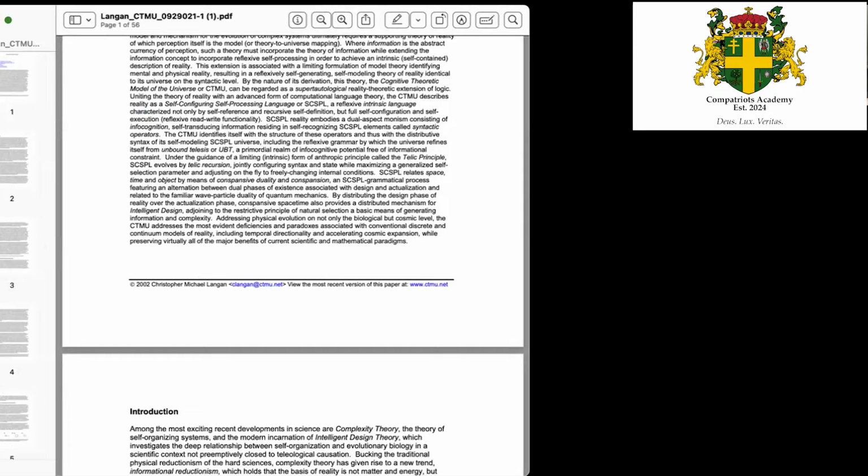This is the reality principle, right? It's reality. Nothing outside of reality can influence reality in any way, shape, or form. And reality is defined in the CTMU as SCSPL. So SCSPL reality embodies a dual aspect monism consisting of infocognition.